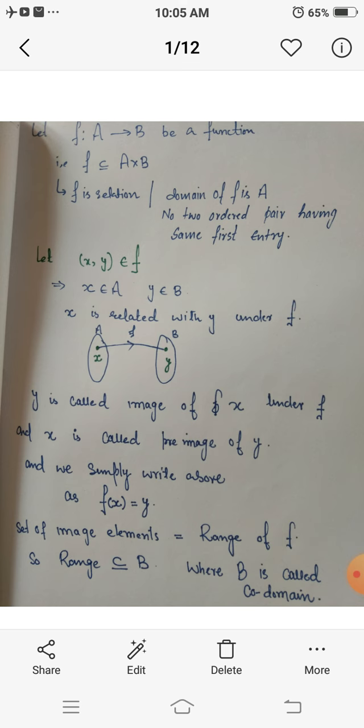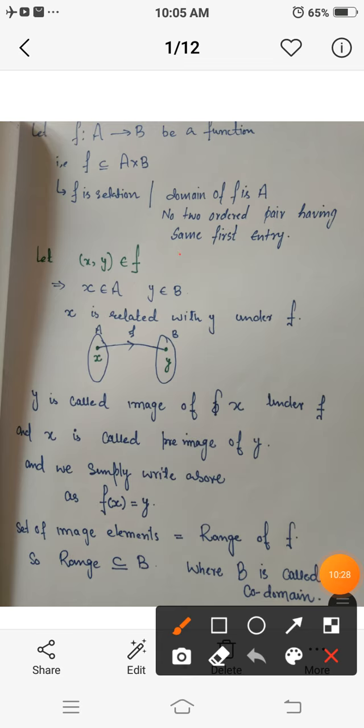Here the domain of this very function f is the set of first entries, means the domain of f is A. When it is a subset of A cross B, it contains ordered pairs. Let f contain the ordered pair (x, y), that is (x, y) belongs to f. Means when (x, y) belongs to this very relation f, which is actually the function, x is related to y under this f, and x belongs to A, y belongs to B.